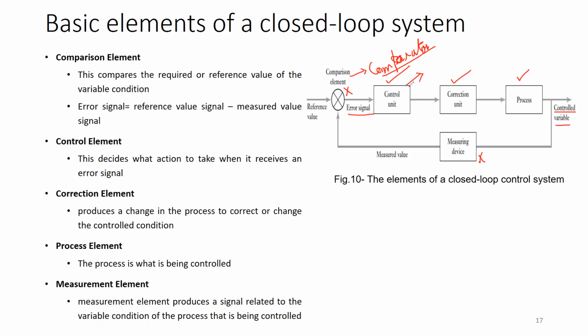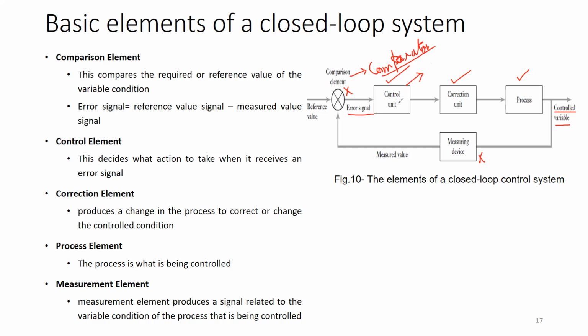Control unit का हमने देखा था तीन. What are the three functions of a control unit? Either to control a value, or to decide for a sequence of operations, or to decide whether a function should occur or not.